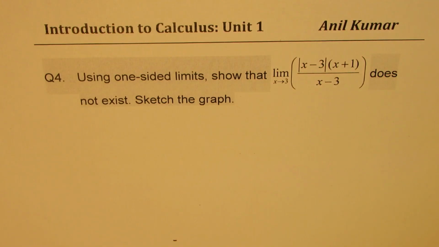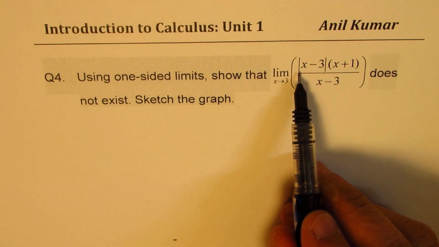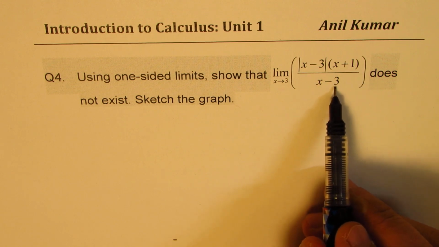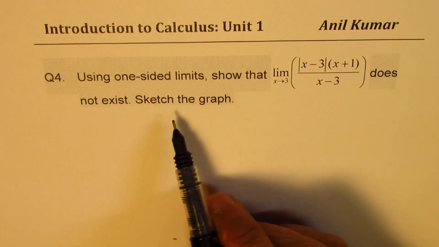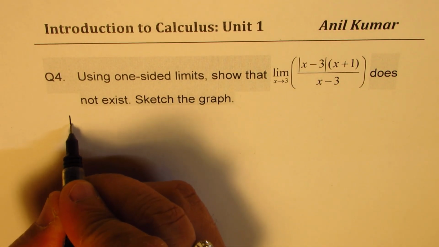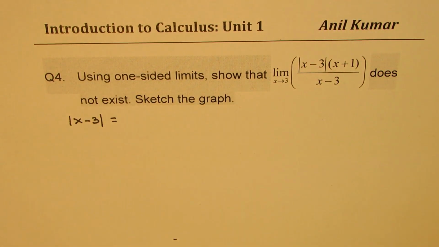Question number 4. Using one-sided limits, show that the limit when x approaches 3 of absolute value of x minus 3 times x plus 1 divided by x minus 3 does not exist. Sketch the graph. So we are given an absolute function, absolute value of x minus 3. Let us first try to understand this part.